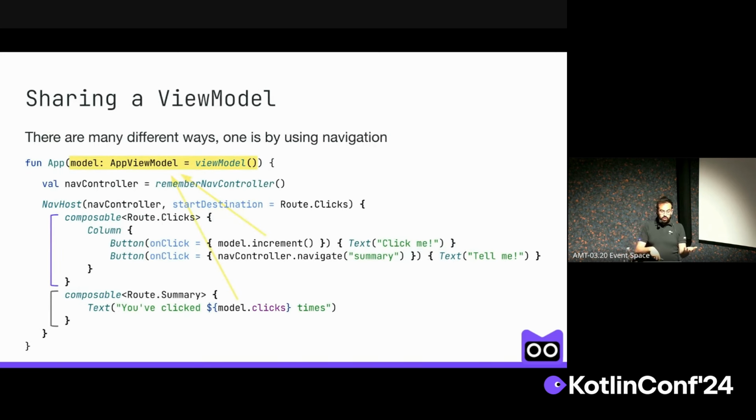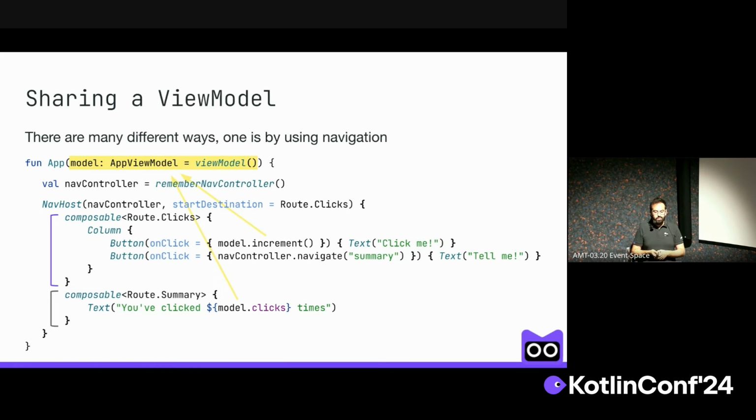Now we can actually share a view model between different screens. One way is, for example, to use navigation. So we can have this application in which the number of clicks you've made is shown in a different screen than the one where you actually click.